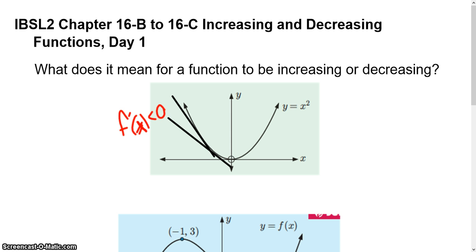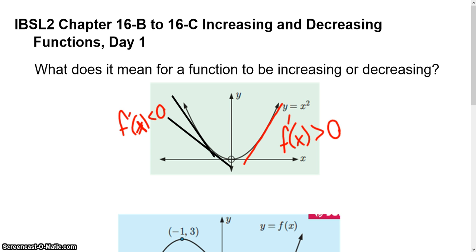Over on this side, our tangent lines are going uphill, which means that our derivative is positive. And the reason we know these are negative or positive is because of the slope of the tangent lines.